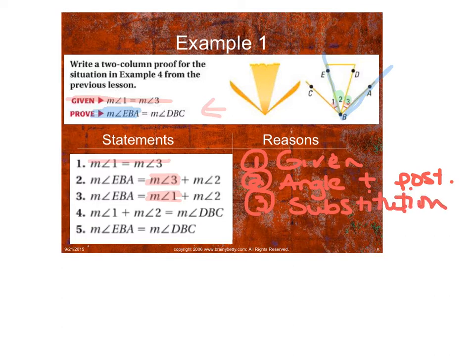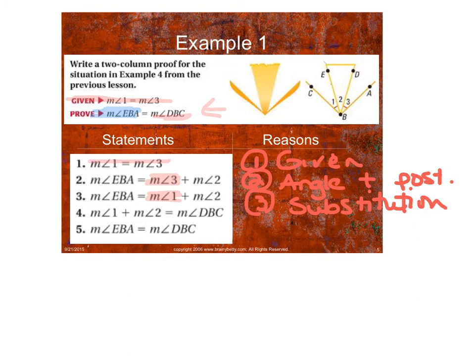Okay, now what happened in step 4? Now they've changed their minds. Now they're talking about the other side, DBC. So let's go over to the picture. Let me erase what's in there, and let me highlight DBC.